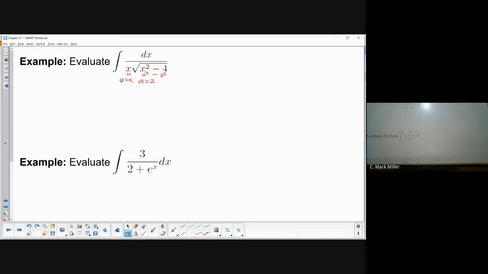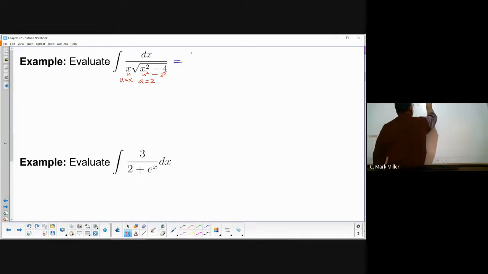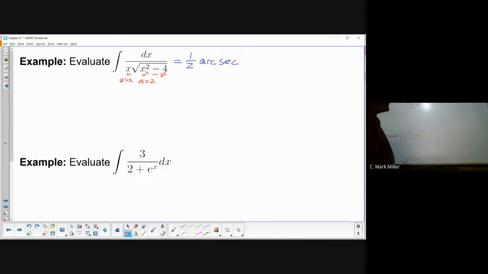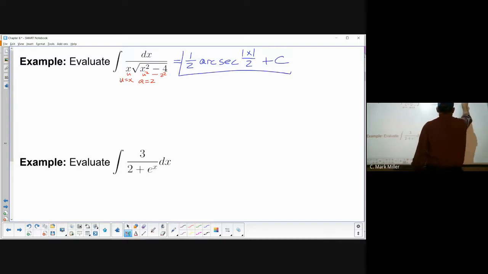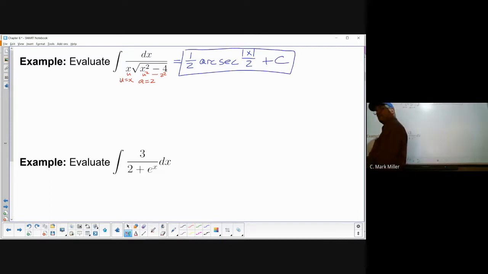So believe it or not, if you know that formula, if you know your derivatives, or in this case, antiderivatives, this goes directly to 1 over A, which is 1 over 2, arc sec of the absolute value of x over 2 plus c. You got to put the absolute value here.